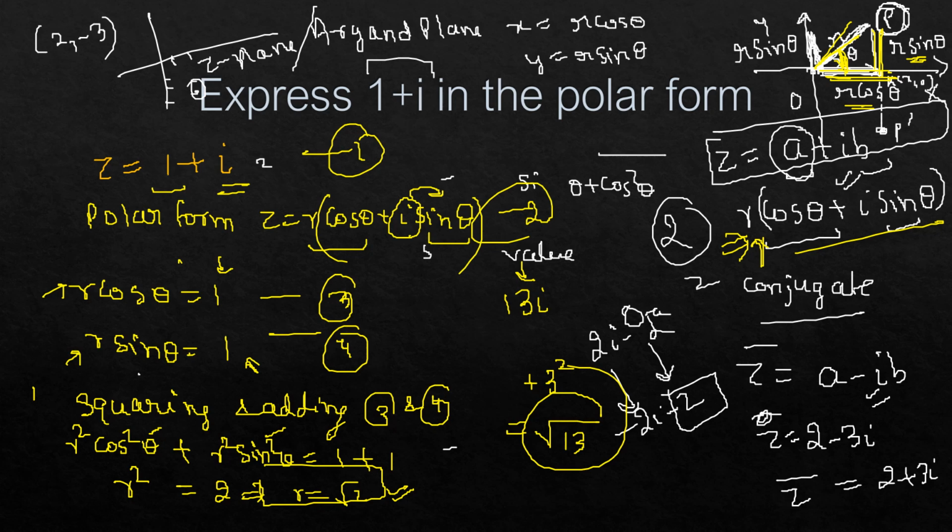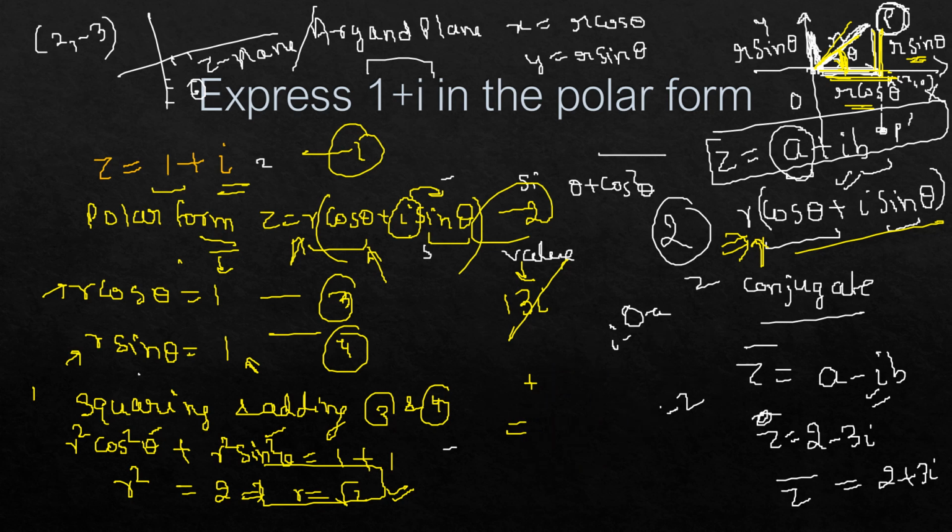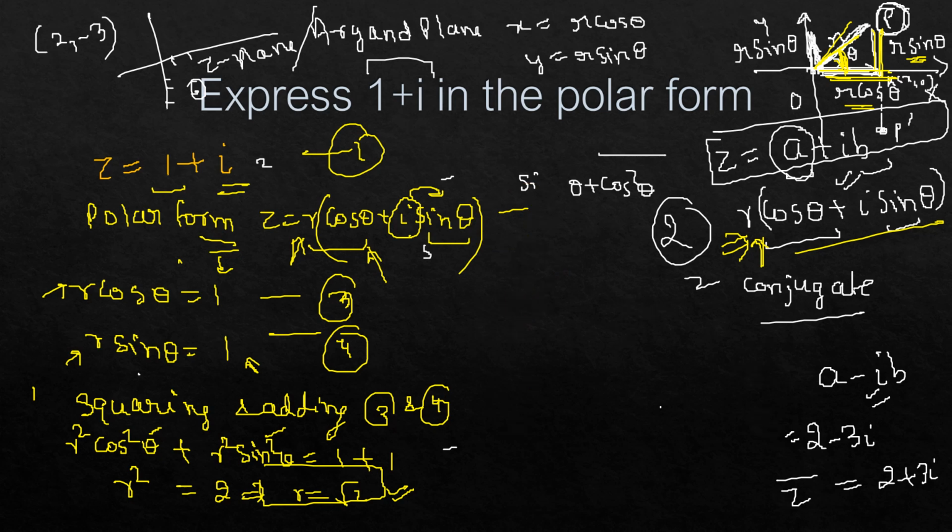Now I can put this r as root 2 here, but what about theta? I have to find out the value of theta. How would I do that? If I do the second equation by the first, that is, fourth by third, because I'm supposed to find out tan theta.